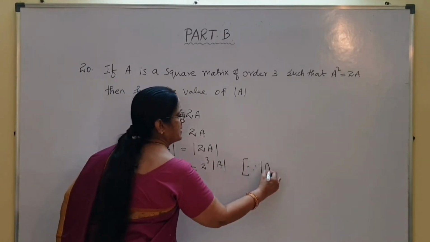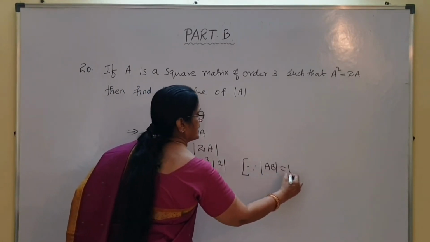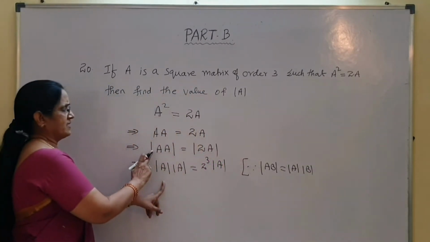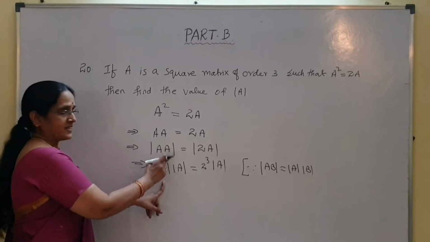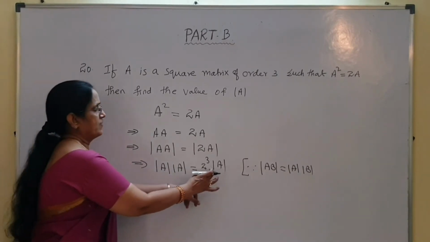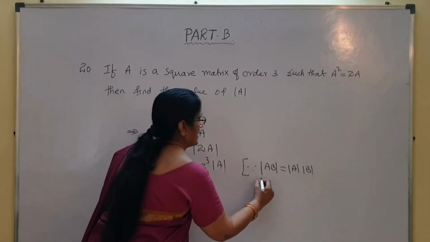Since determinant AB can be written as determinant A into determinant B, that's why I wrote determinant AA as determinant A into determinant A. Here, what formula did I make use of?